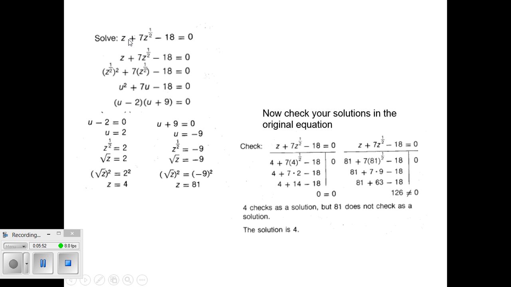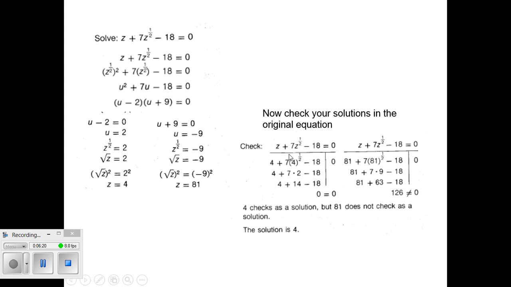Okay, so that's another aspect to keep in mind. Remember, we had said that the highest exponent in the equation is generally indicative of the number of solutions. Now this ended up giving us 2, but we changed the whole nature of the equation when we did this substitution. So we really want to check those answers, the 4 and the 81.